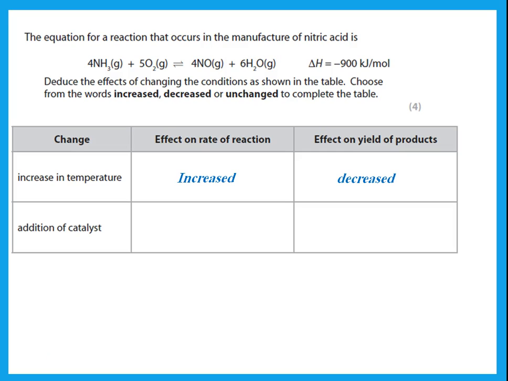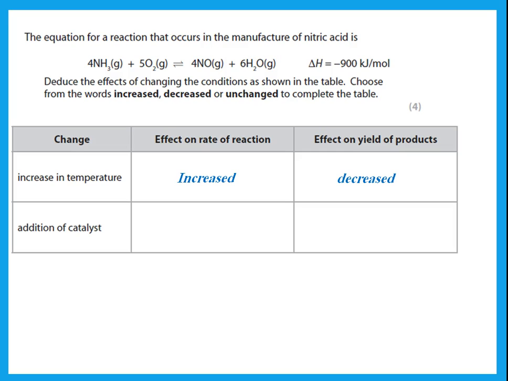Remember that the yield means I need to look at the fact that it is reversible, and I need to look at where we have exothermic and endothermic, because we're talking about increasing temperature. So is the forward reaction exothermic or endothermic? The delta H is negative, and that means that as I form the products, the reaction is exothermic and gives out heat, and temperature rises.